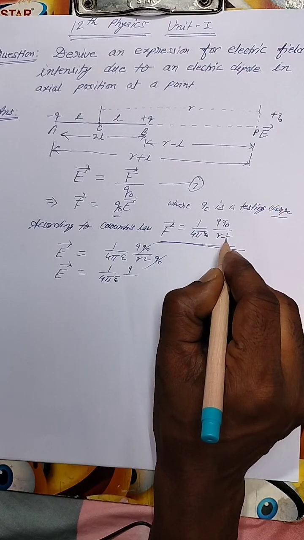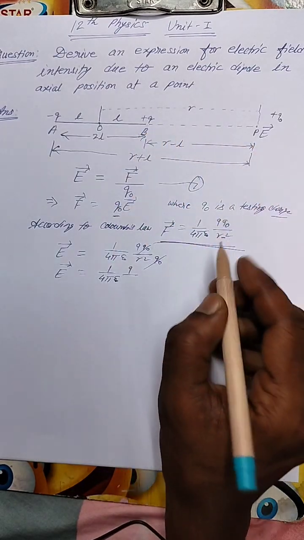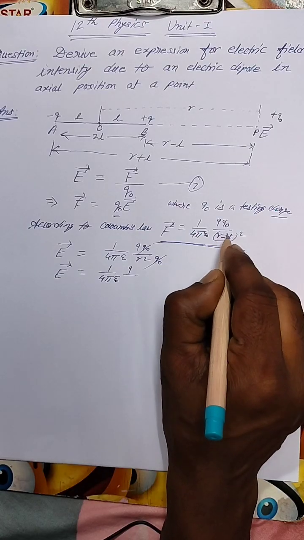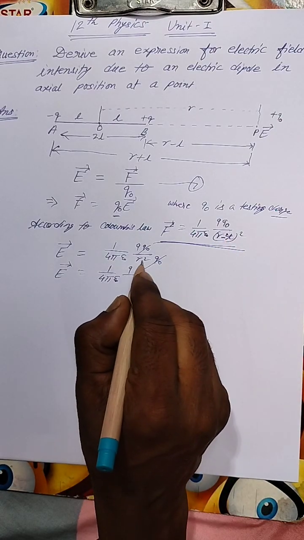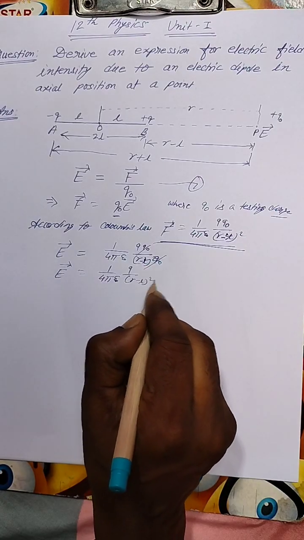This should be r minus L, we consider the square of r minus L.